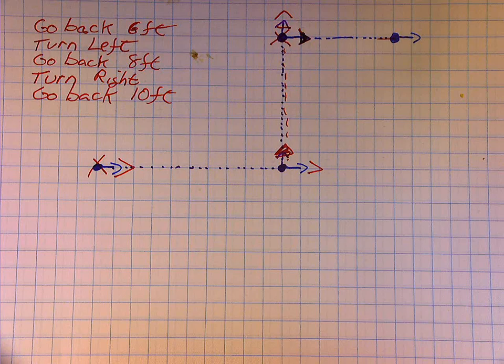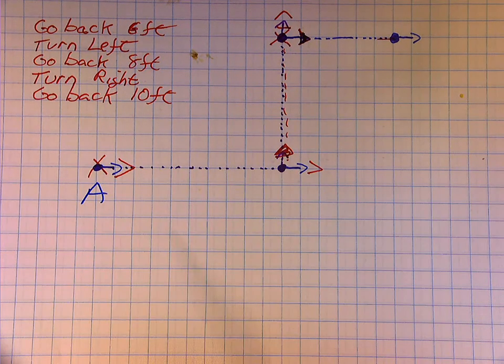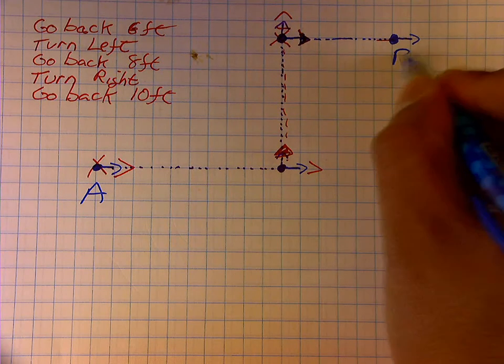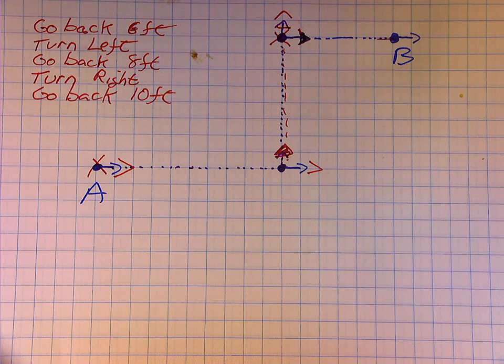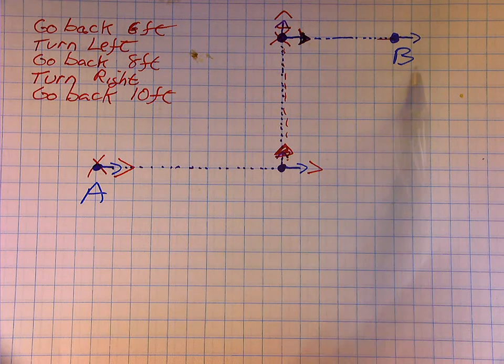Notice, in the very first set of instructions, we started at point A. That was our beginning point. When we were done, we ended up over here at point B. So this is our beginning, this is our end.